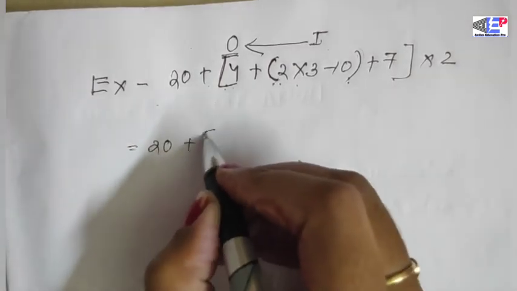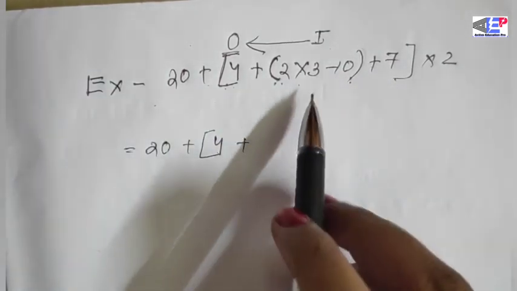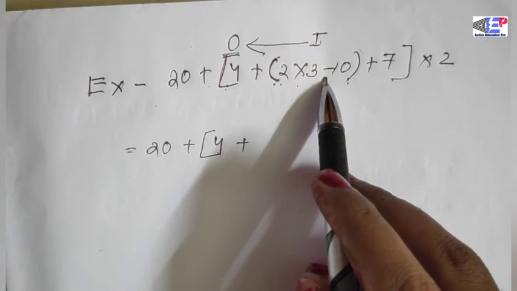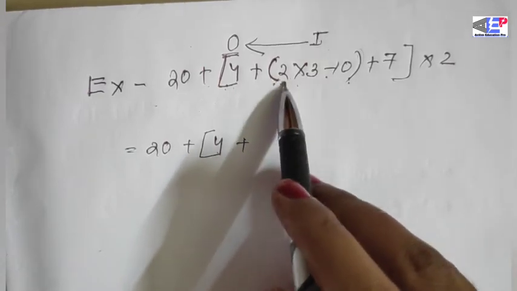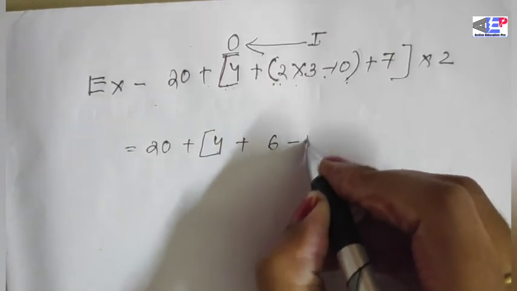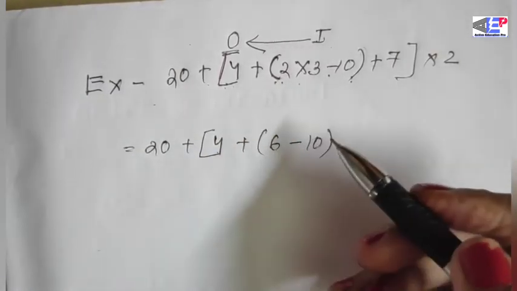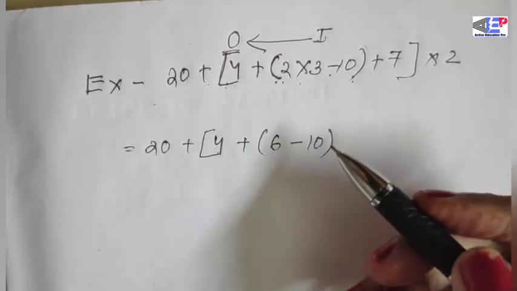20 plus square bracket start, 4 plus, in this bracket there are two operations, multiplication and subtraction. So here first multiply 2 into 3, 6, minus 10. Put a simple bracket because there is also an operation to complete.